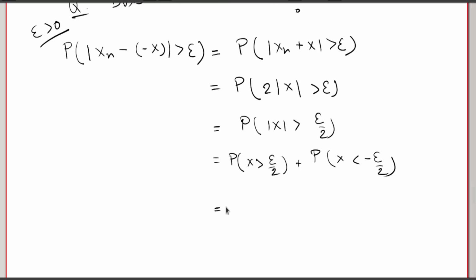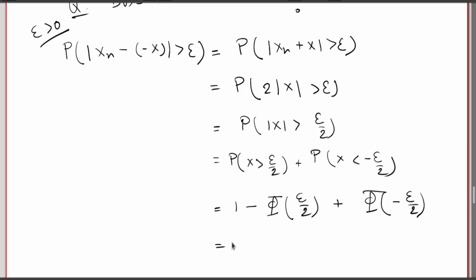So this is the 1 minus distribution function. It is nothing but 1 minus capital Φ at the point epsilon by 2, plus capital Φ at the point minus epsilon by 2. Now this second quantity is the same as 1 minus capital Φ at the point epsilon by 2.